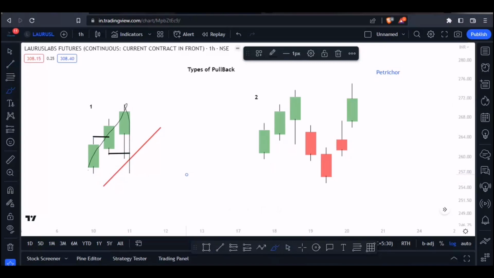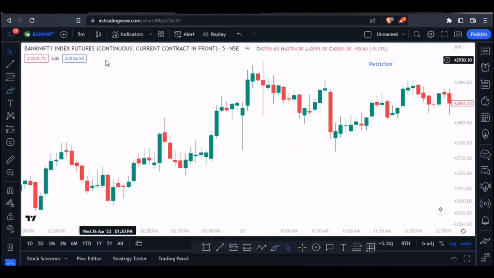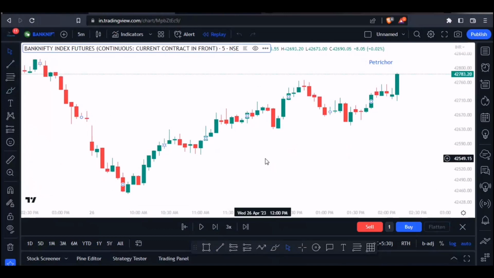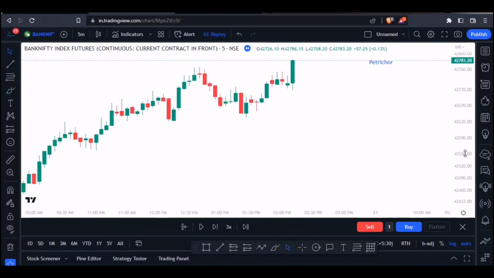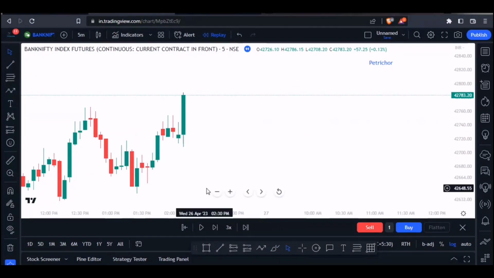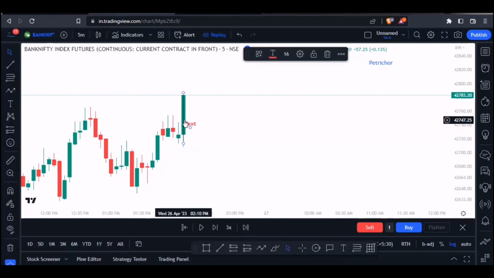Now I will show you how to trace the candlestick pullback. This is the Bank Nifty chart, 5 minutes. Let's draw the pullback. This is the first candle, the green candle.